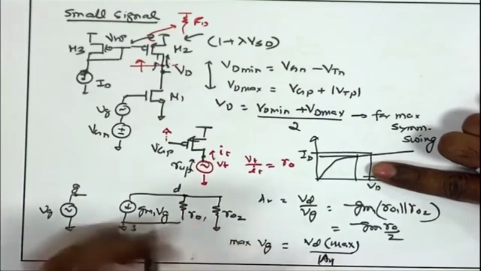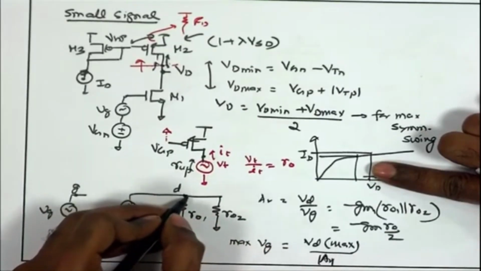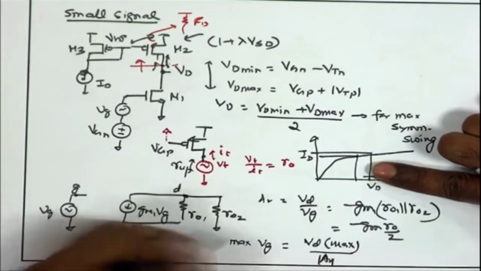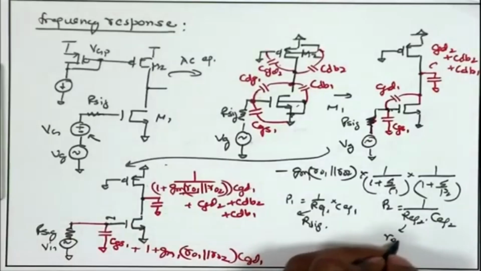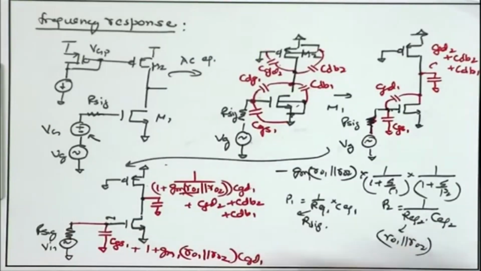So, we write R equivalent 2 is RO1 parallel RO2. So, this gives me the value of the two poles we are looking at.